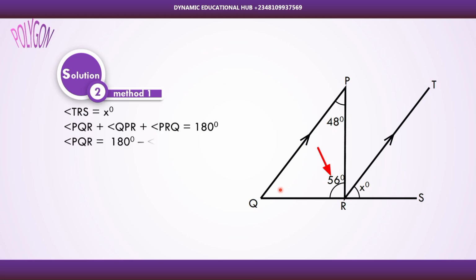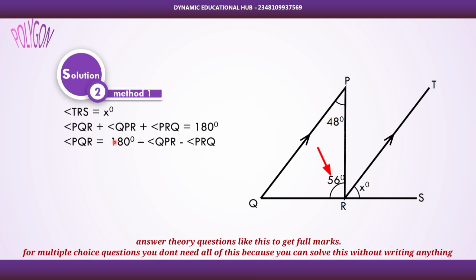So angle PQR will give us 180 degrees minus angle QPR minus angle PRQ. Since this x here is the same as angle PQR, finding the value of angle PQR, we have 180 degrees minus, you factorize this, you bring out your minus 1, so you have QPR plus PRQ here.